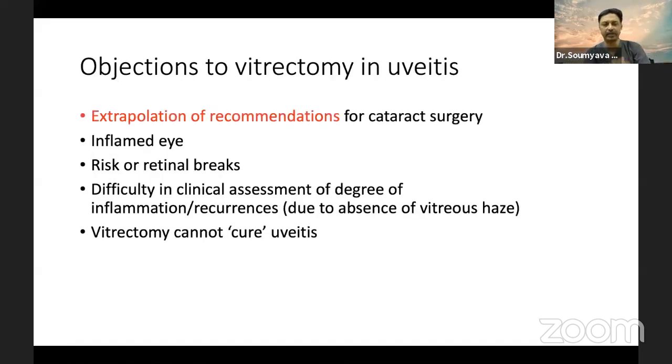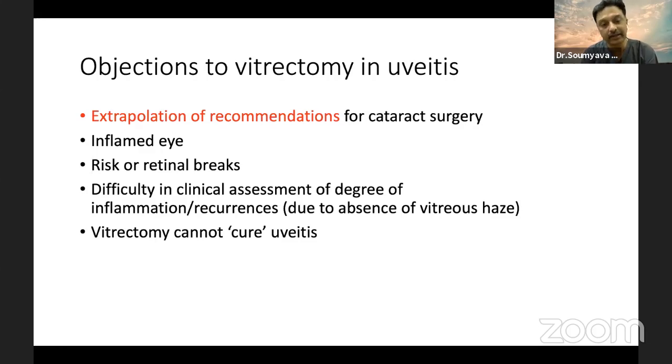Now, what are the objections to doing vitrectomy in active intraocular inflammation? Most of these are derived as an extrapolation from the recommendations for cataract surgery in uveitis. Generally, it is said that it's an inflamed eye. There's a risk of retinal breaks if we try to induce a posterior vitreous detachment.